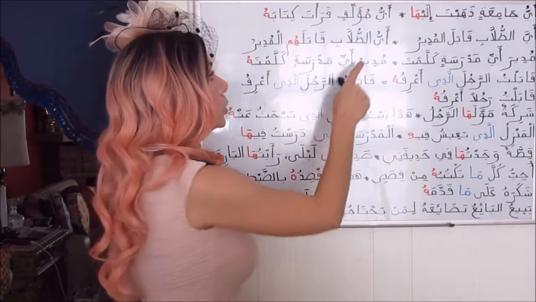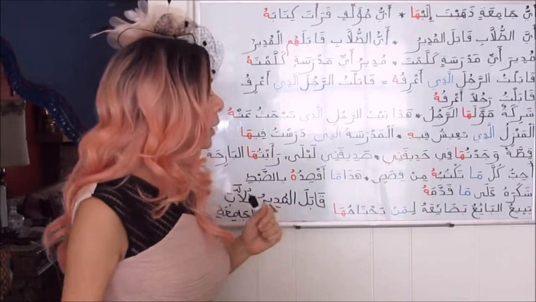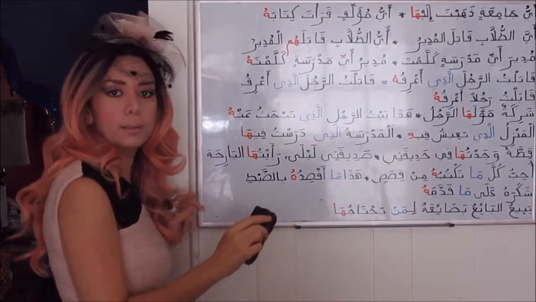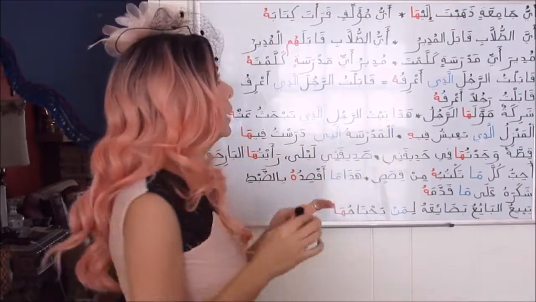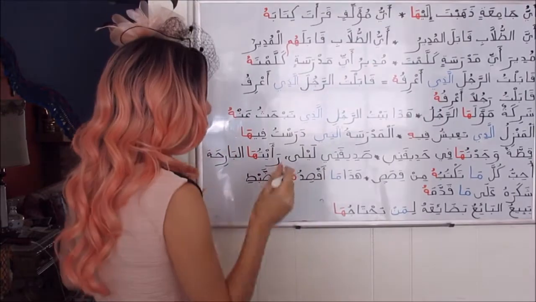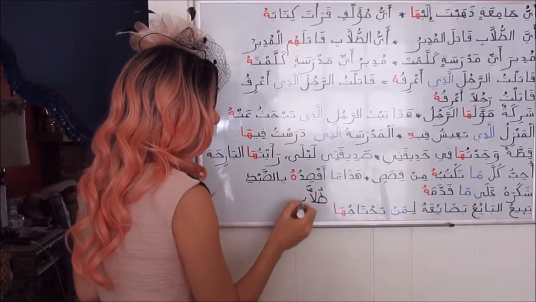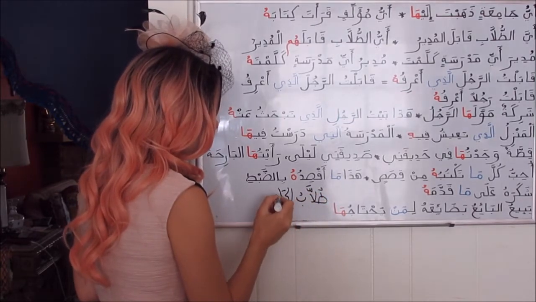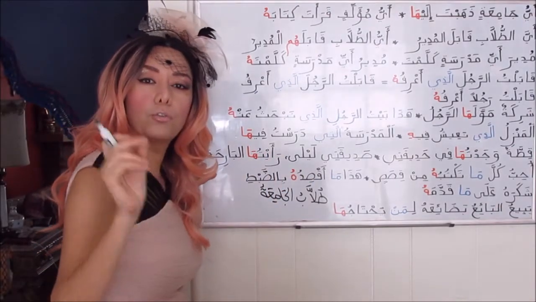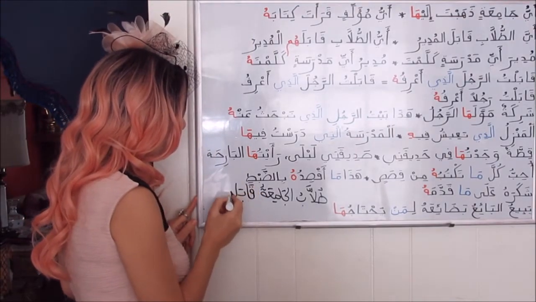All right? So أي الطلاب قابلهم المدير. How are we going to answer? We will have a nominal sentence with subject and predicate. So we will start with the subject. So طلاب الجامعة. This is the subject, and the predicate will be a verbal sentence. قابلهم.